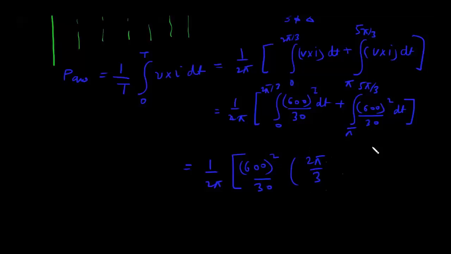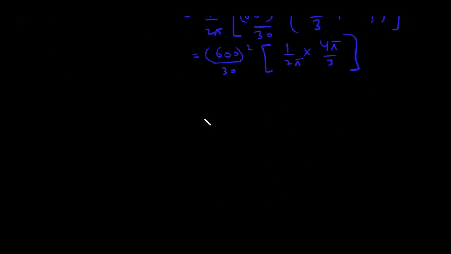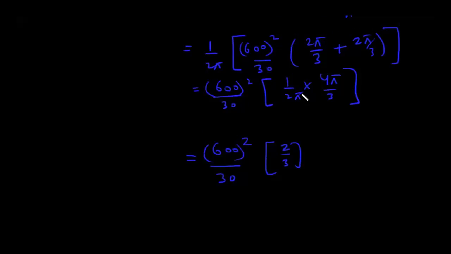So it will be 2 pi by 3 plus 2 pi by 3. So 600 whole square divided by 30, 1 by 2 pi into 4 pi by 3. So this is 600 whole square divided by 30 into 2 by 3. So pi will cancel. So this is power consumed per phase.